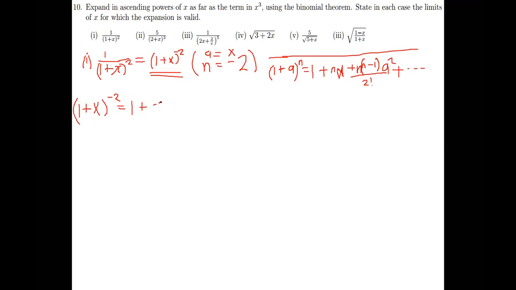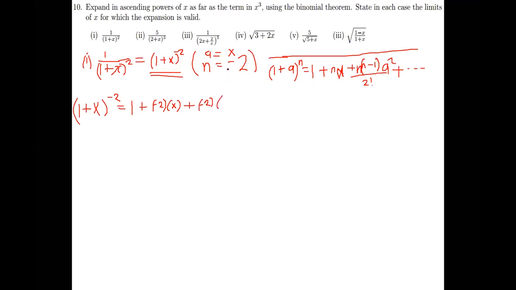So our n is negative 2, like that, and then open brackets. My x is just x, like that. And then I'll say plus, my n is negative 2, and then n minus 1.